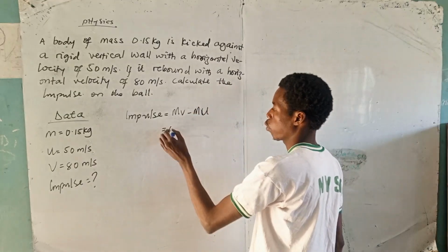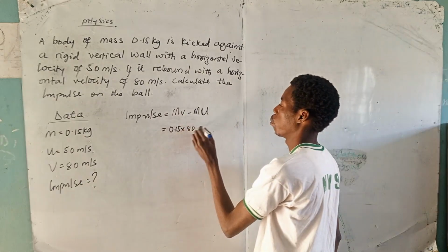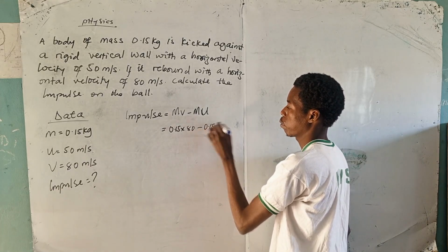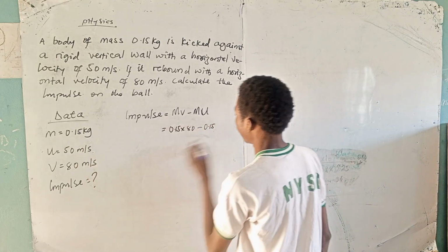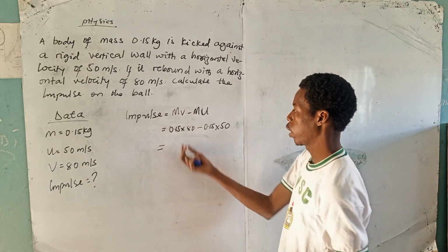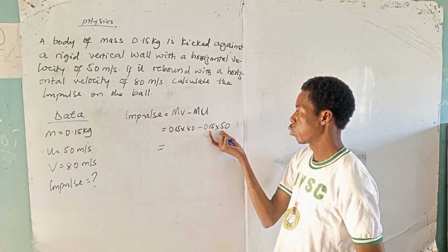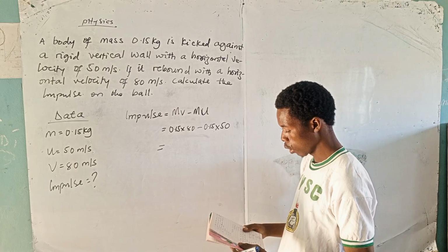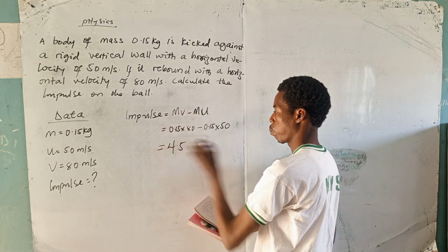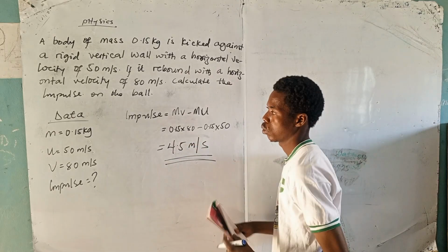We have mass of 0.15 multiplied by final velocity 80, minus m as 0.15, then u, the initial velocity, which is 50, multiplied by 50. Now if you multiply this and subtract the value of the multiplication of these two things, you will get 4.5 meter per second. So this is it.